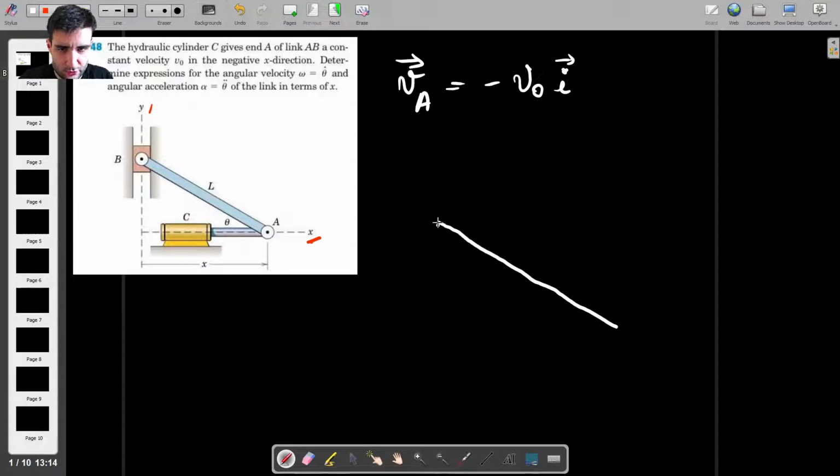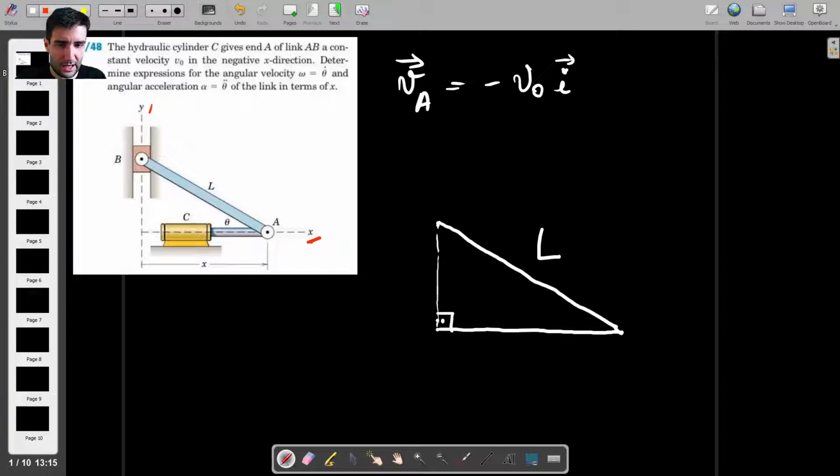So I will draw it like this, and then there's this side of the triangle, and of course this angle here is 90 degrees, right? So this length is L, the length of the link, which is a constant. It doesn't change with respect to time.